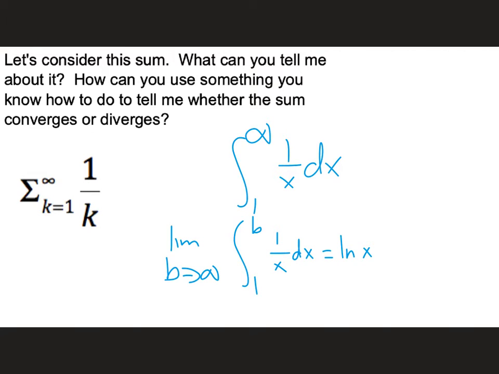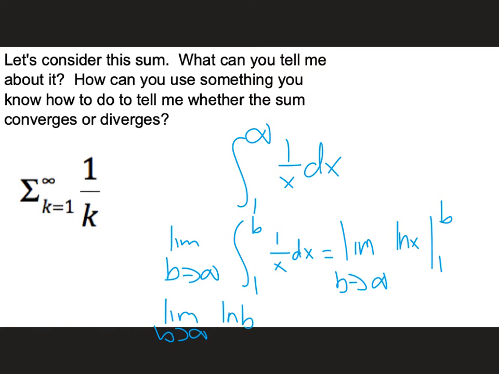Ooh, I forgot the limit, sorry. The limit as b goes to infinity of the natural log of x from 1 to b, which is the limit as b goes to infinity of the natural log of b minus the natural log of 1. Natural log of 1 is 0, but the natural log of b, as b gets huge, goes to infinity. So this integral diverges.